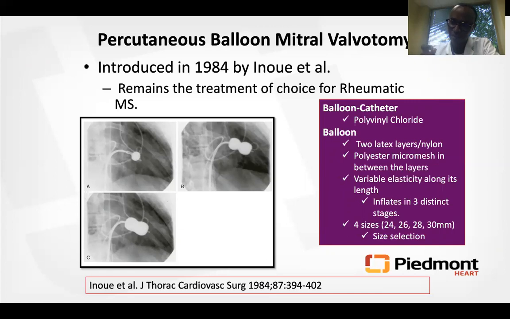Then when you continue inflating, the proximal part will inflate, and lastly, the middle part, which actually performs the commissurotomy, will inflate last. The balloon comes in 4 different sizes: 24, 26, 28, and 30 millimeters.